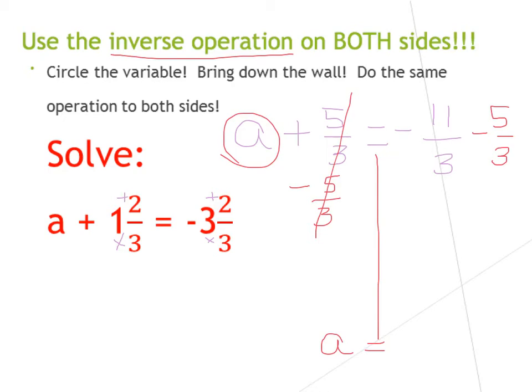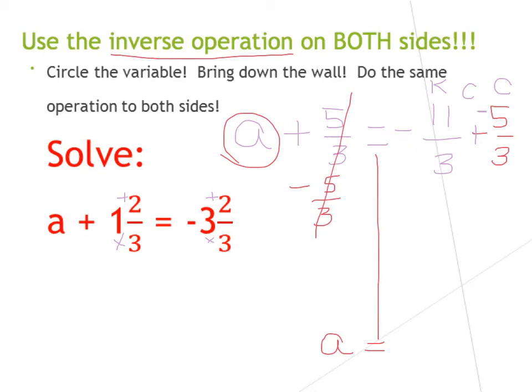Anytime I subtract, I always like to write it right next to it because it's easier to look at. And then I'm going to go ahead and do the keep, change, change. So I'm going to keep the first number, change this subtraction to addition, and change the positive 5/3 to a negative 5/3.